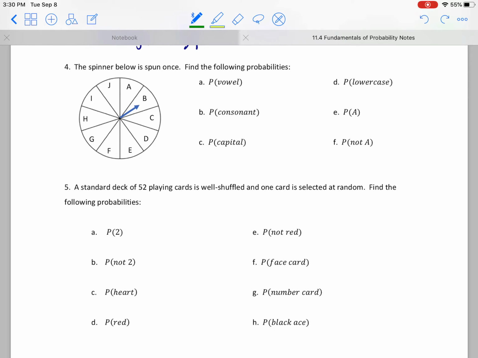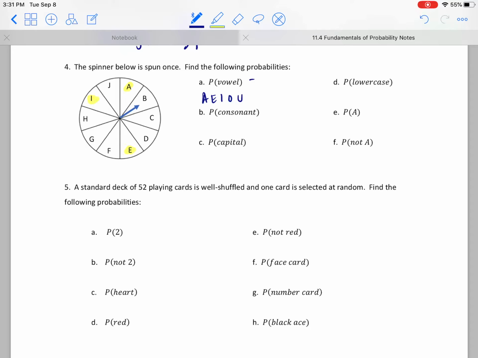We have a spinner that is spun once. It says find the probability of landing on a vowel. Vowels are A, E, I, O, and U. Sometimes Y, but not this time. So how many vowels do we have? Let's see. One here. I'm going to use my highlighter. A is a vowel, E is a vowel, I is a vowel.